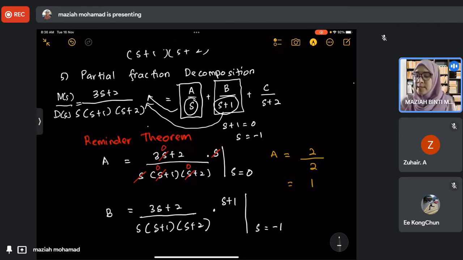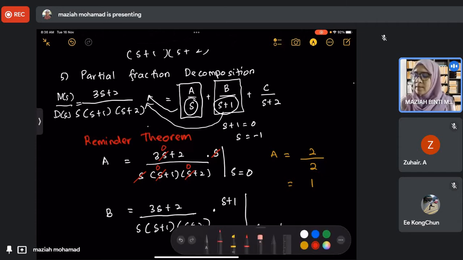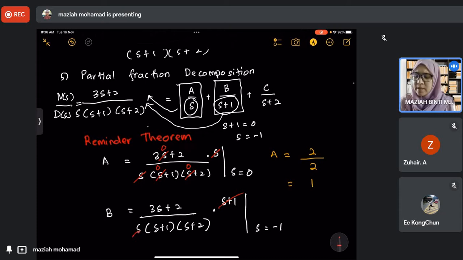All right, so we do the same. We're going to cancel this term, cancel this one. And then we apply S equal to minus 1 into the equation. So this one will become minus 1, this one will become minus 1, and this one will become minus 1.